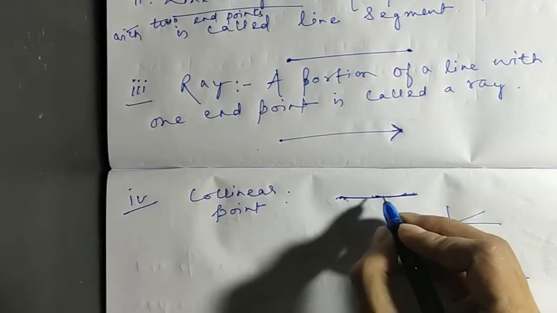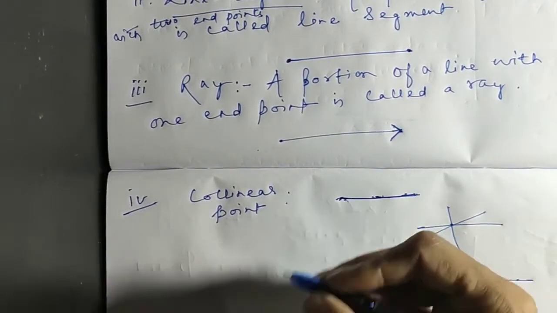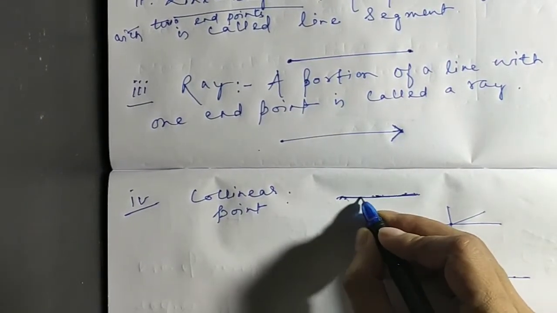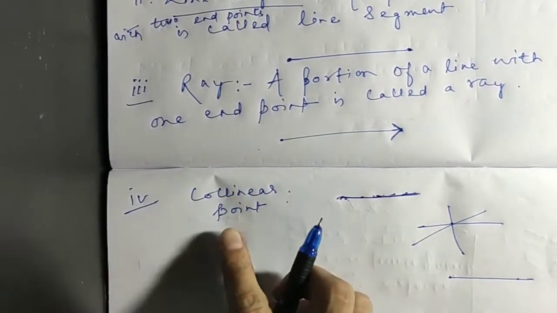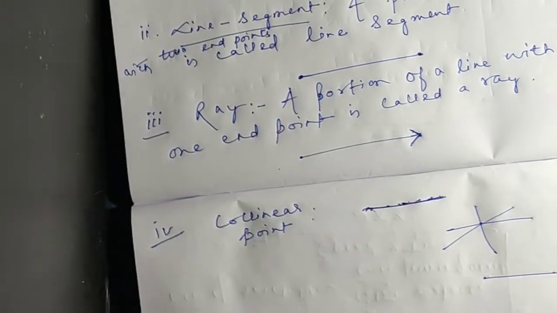If 3 or more points lie in a straight line, then those points are called collinear points. Are called what? Collinear points.